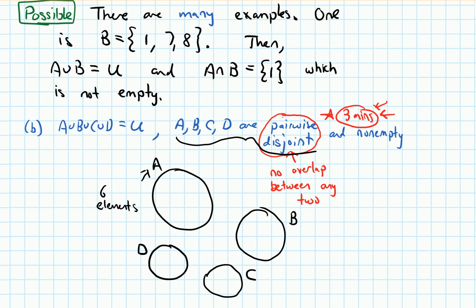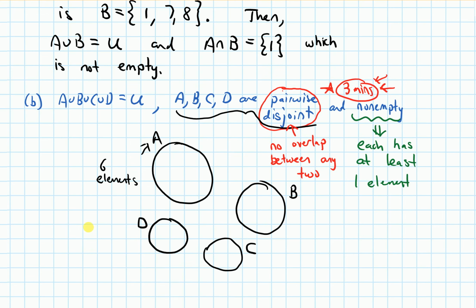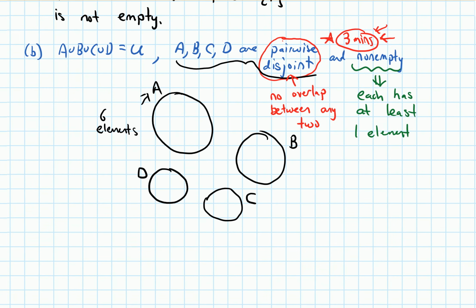So the question also tells me that these 4 sets, A, B, C, and D, need to be non-empty, which means each has at least one element in it. Okay, so A has 6 elements, and then B, C, and D individually have at least one.